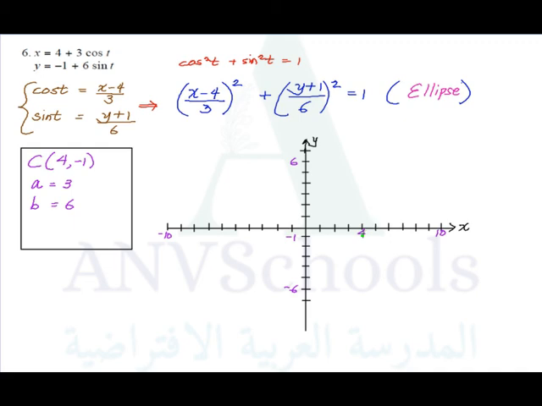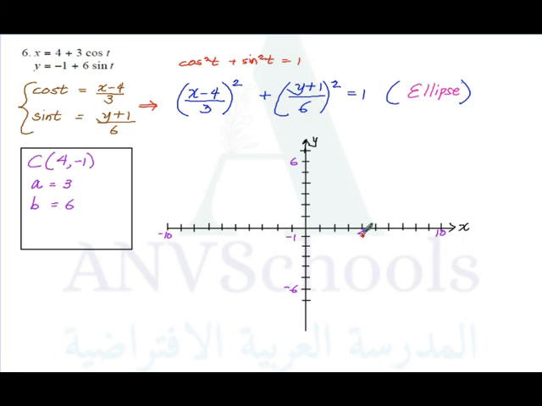Okay? And next, let's use a more striking color. So 4, -1, and the location of the semi-major axis is at x is equal to 4. Okay? And the semi-minor is at y is equal to -1.